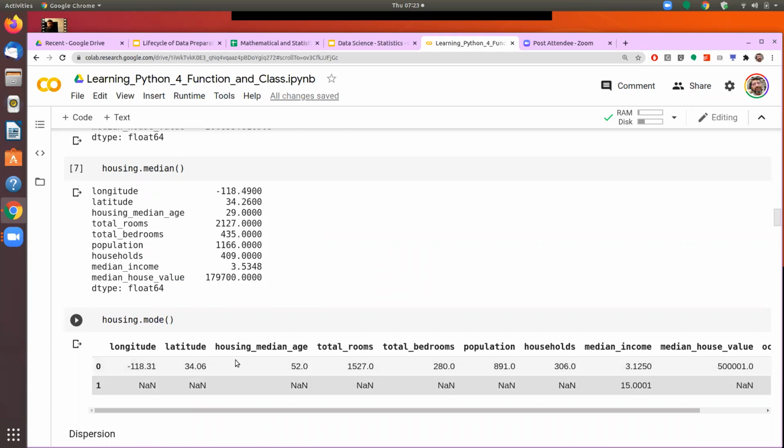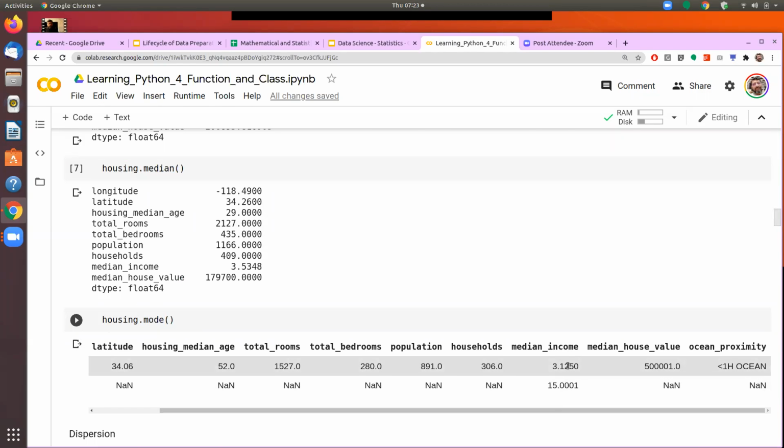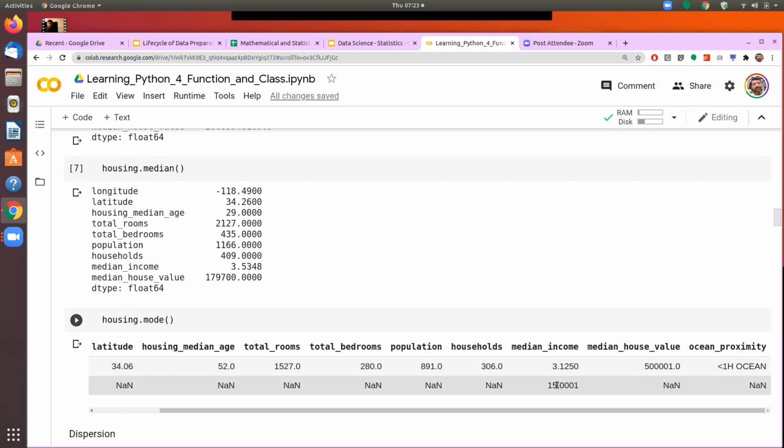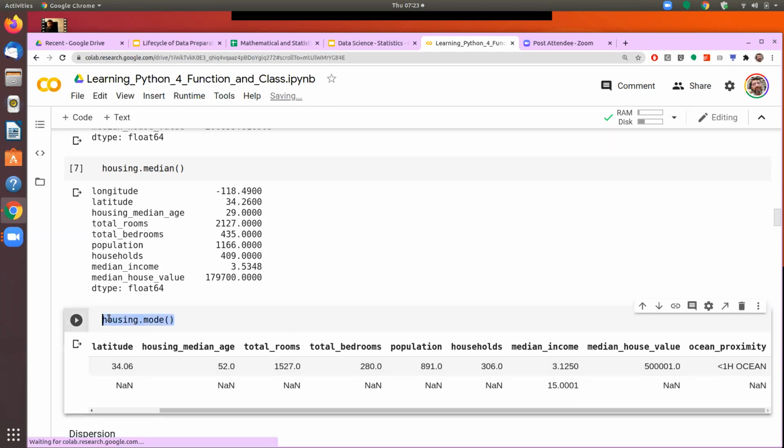It means that for some data set, there are two modes. For example, here the median income, it is showing me two modes. So the data can be multimodal because the mode is just the count of the frequency, or how many times a given number appears, and you could have 3 or 5 appearing with the same frequency. So mode is the most frequent one. We need to understand that, but as you will see, we'll not really use it. We'll use the mean and the median in any of our analysis.